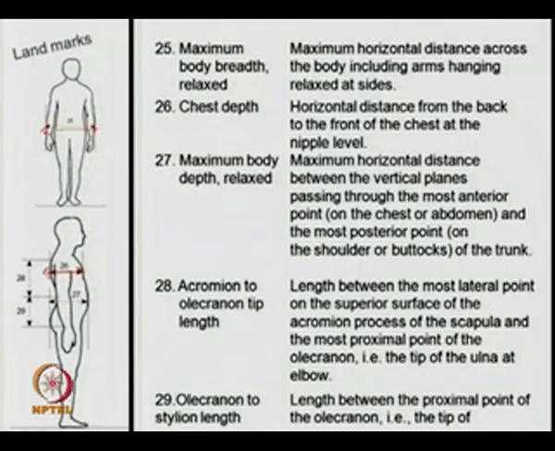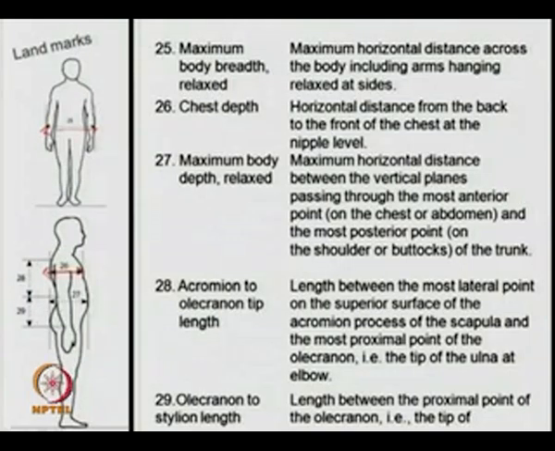Acromion to olecranon tip length is the length between the most lateral point on the superior surface of the acromion process of the scapula and the most proximal point of the olecranon, the tip of the ulna at the elbow. Olecranon to stylion length, number 29, is the length between the proximal point of the olecranon and the tip of the stylion.